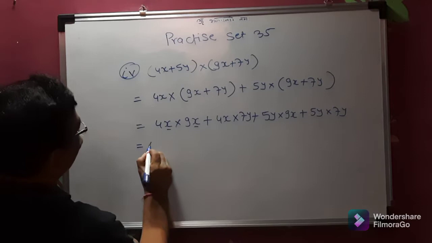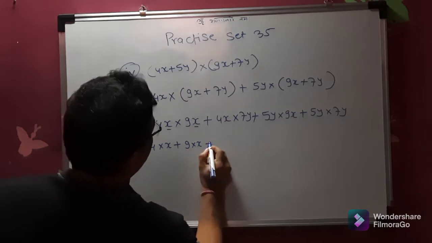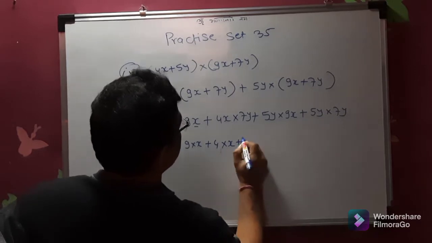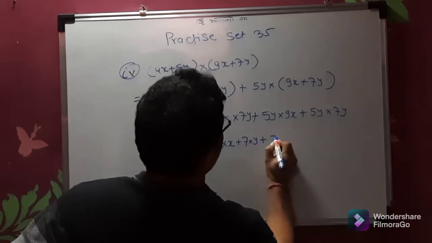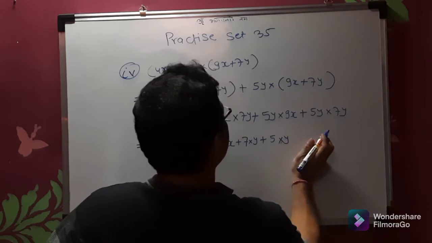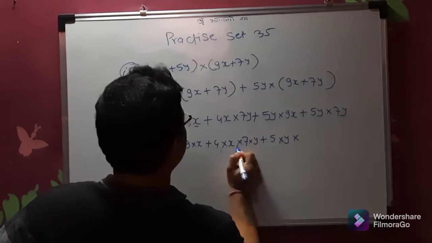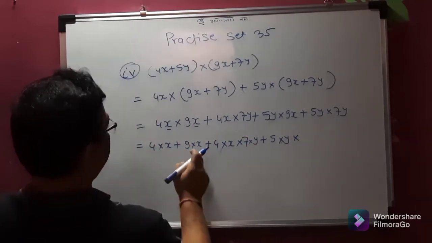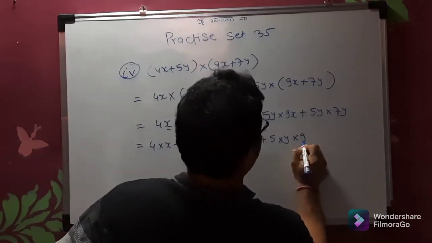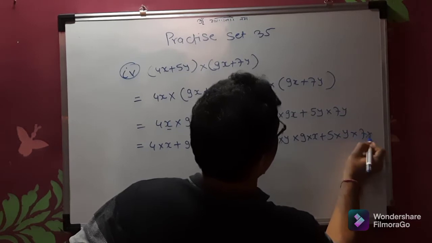I will write down 4 into x into 9 into x plus 4 into x into 7 into y plus 5 into y into 9 into x plus 5 into y into 7 into y.